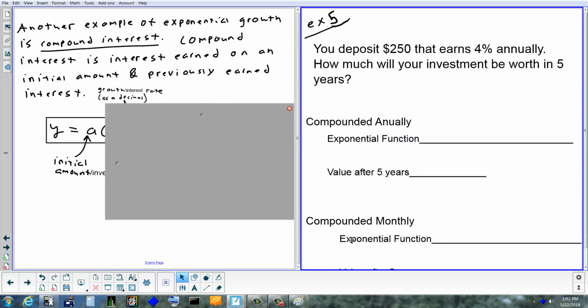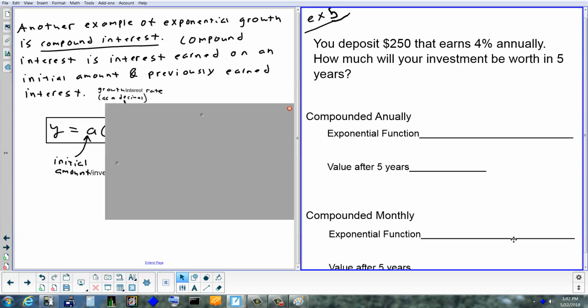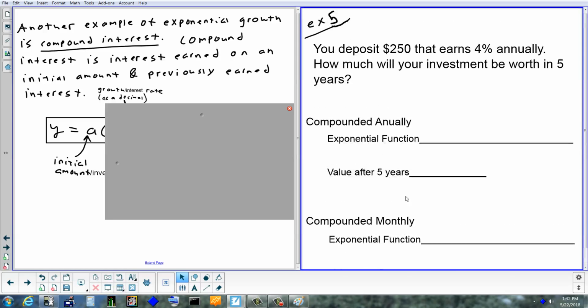If you take out a loan from a bank for a house, a project on your house, or to buy a car, like my truck payment, I have to pay them back because I'm borrowing money from them. If I borrow like $5,000, it's gonna end up being like $8,000 and something, because you're paying them money back to borrow the money.